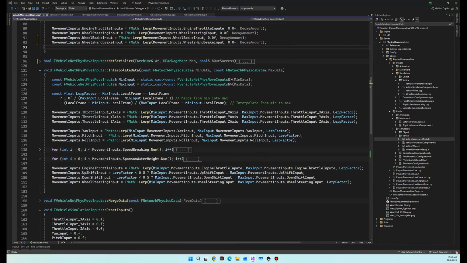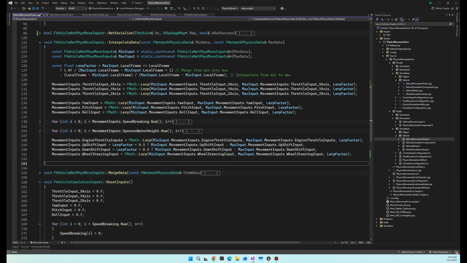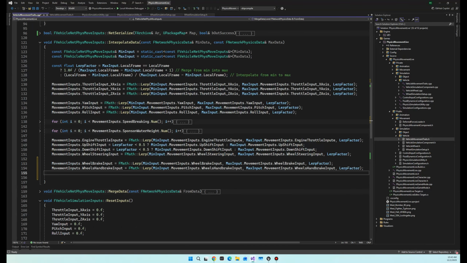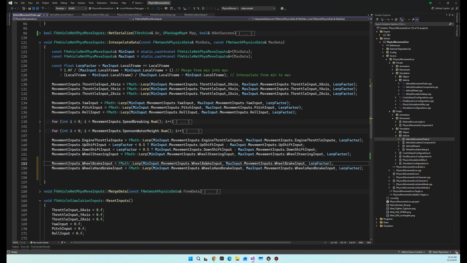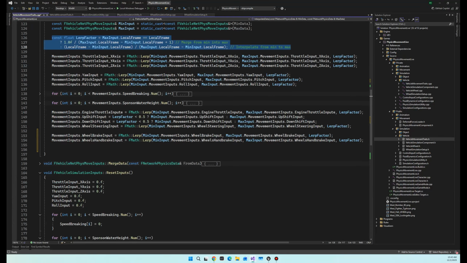It's not the same thing for here though, so I'm just going to bring it in. So wheel brakes, again, this is our Boolean value. We're going to do a lerp, and this is our frame lerp, between the minimum brake and the maximum brake based on our lerp factor, which is being calculated up here. And we have our downshift and upshift, and these are Booleans.